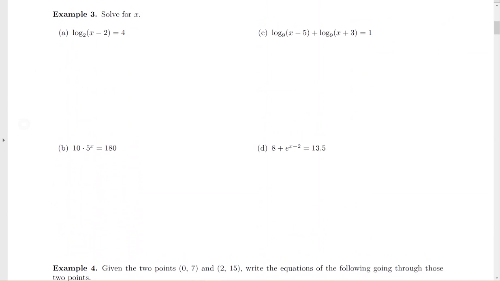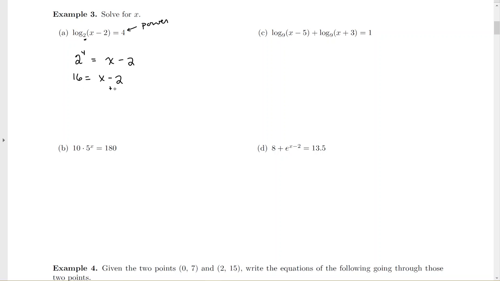On the next page, solving for x, there's a variety of questions here based on the previous algebra class. You want to get the logarithm by itself, and we're going to rewrite the logarithm as an exponent, starting with the base of 2 to the power, which is on the other side of the logarithm, equals x minus 2. 2 to the 4 is 16.